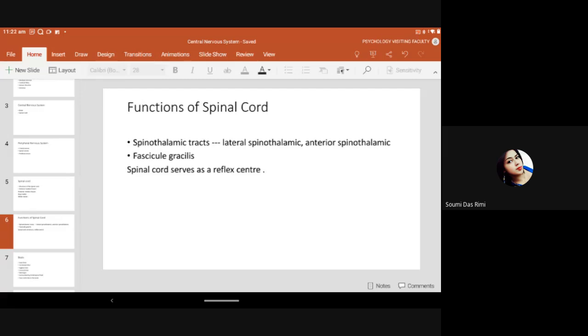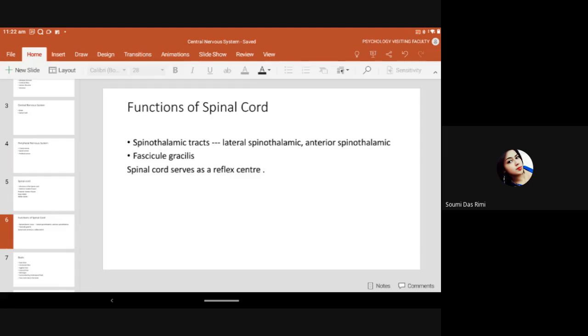So these are all about the functions of the individual tracts present in the spinal cord, and thus the main important role of the spinal cord is as the integrator center, being responsible for gait, posture, reflexes, and reaction to noxious stimuli.